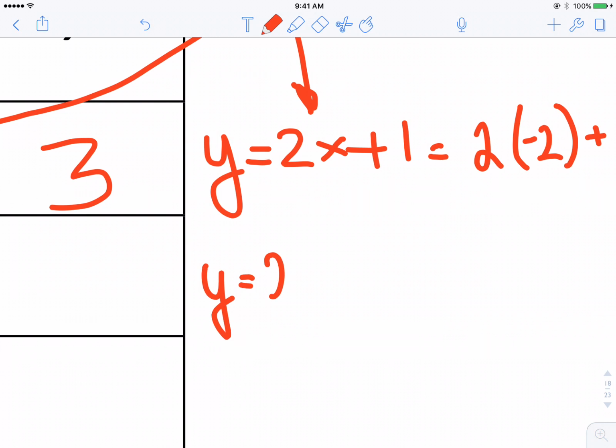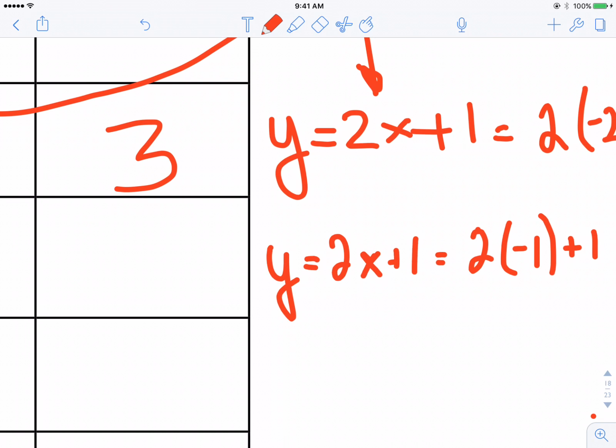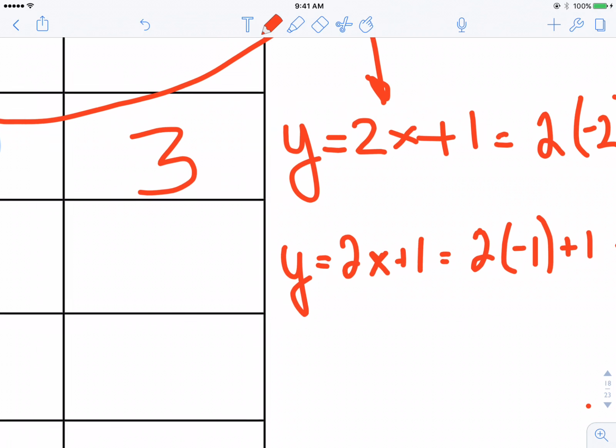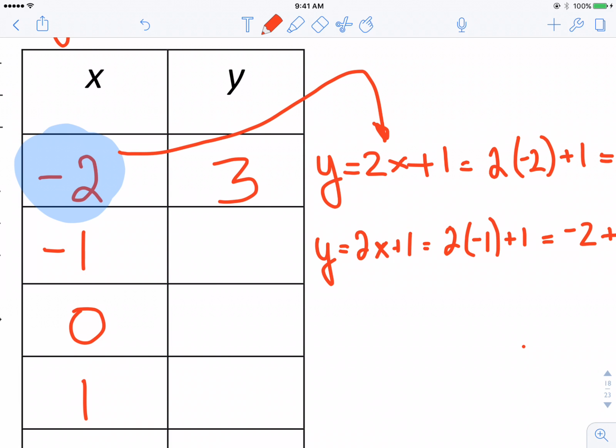And I continually do those calculations. y is equal to 2x plus 1, substitute in negative 1, calculate, and there's my y value. Oh yeah, negative 1.